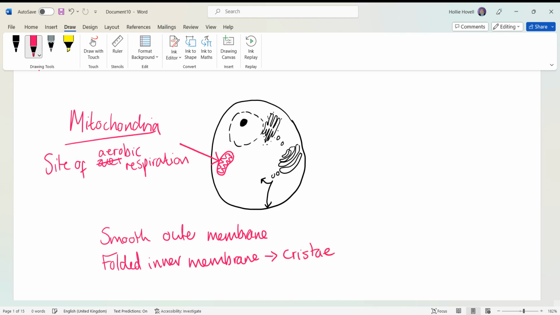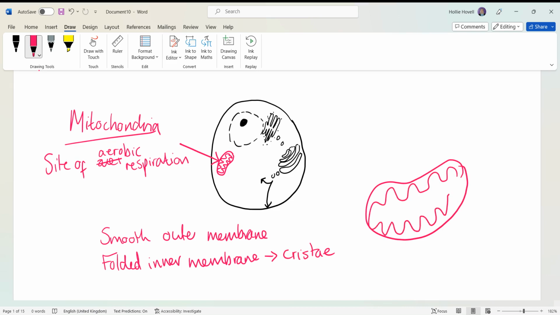So if I was to draw it a little larger, smooth outer membrane, folded inner membrane, and this folded membrane here, that's the cristae.